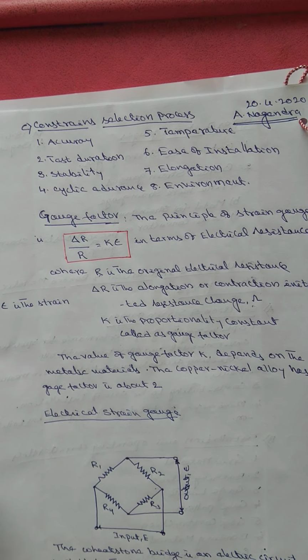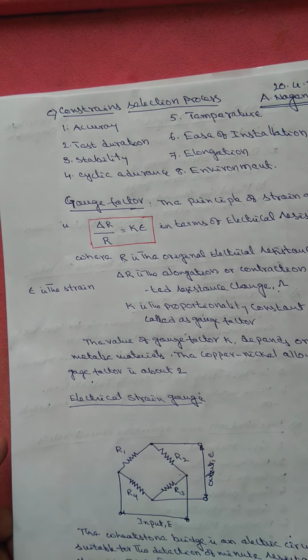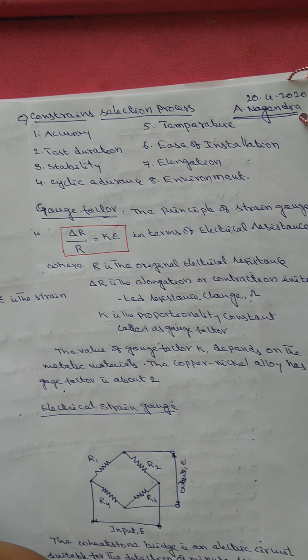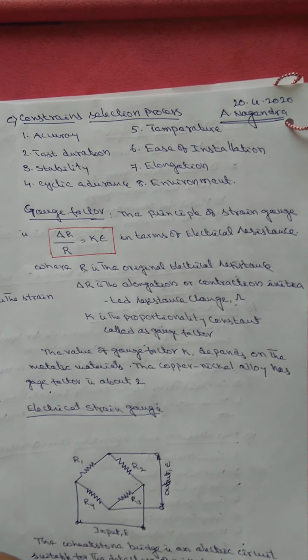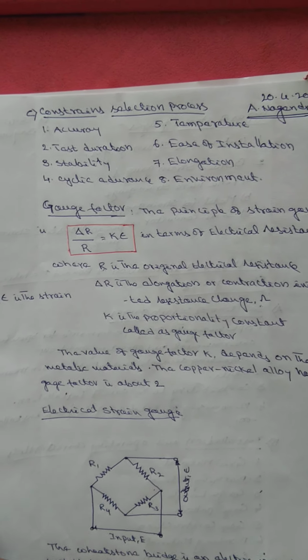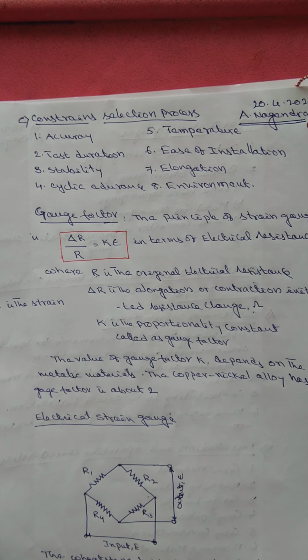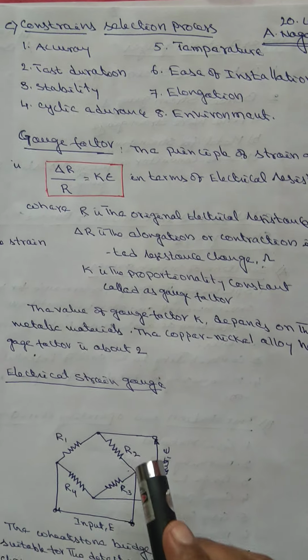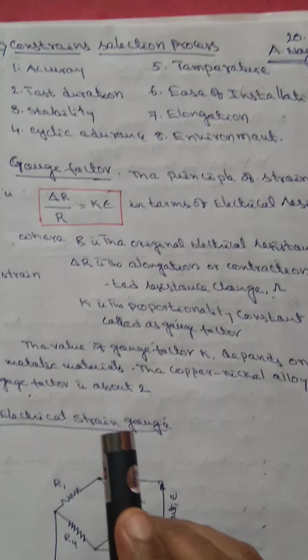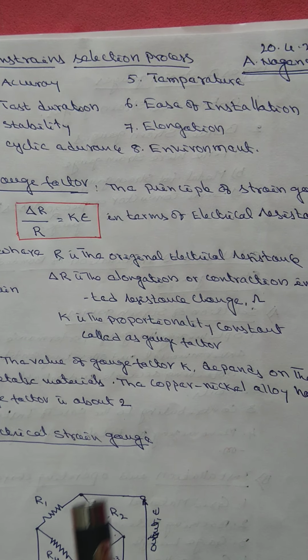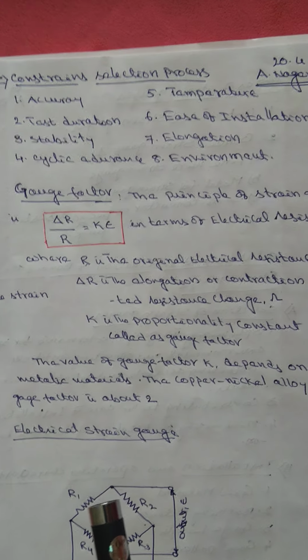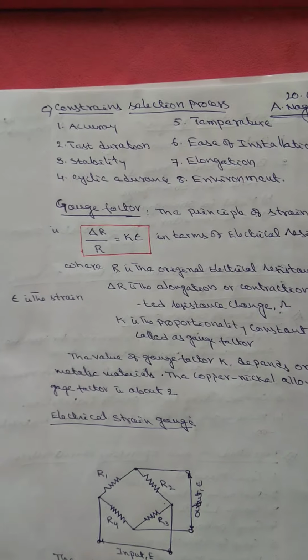Now we will discuss one more important technical term called the gauge factor. What is the gauge factor? Gauge factor is defined as the elongation or contraction initiated resistance change, that is, change in resistance divided by the original resistance, which we can say as K times E, where E is the strain and K is the proportionality constant.